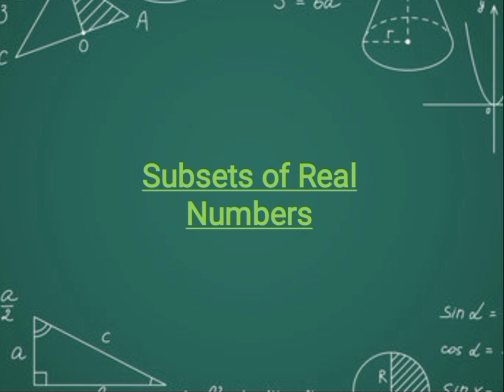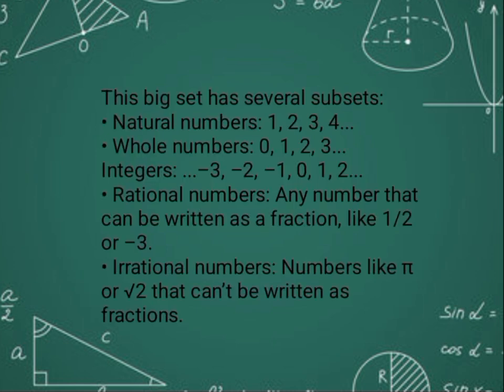So let's move on to the subsets of real numbers. This big set has several subsets. We have the natural numbers, which are 1, 2, 3, and so on. The whole numbers, from 0 and so on. The integers, which are the negatives, 0, then the positives. Rational numbers are any numbers that can be written as a fraction, like 1/2 or -3.